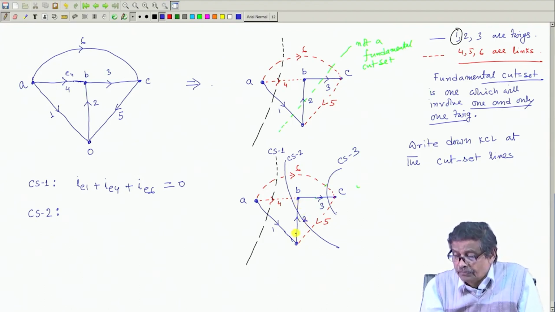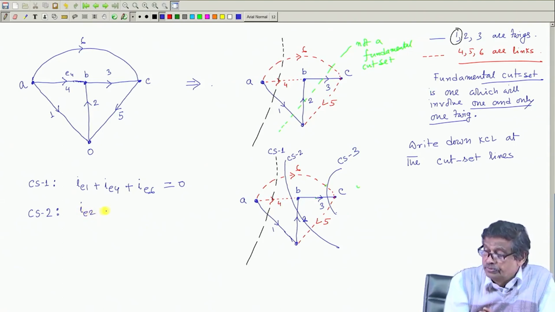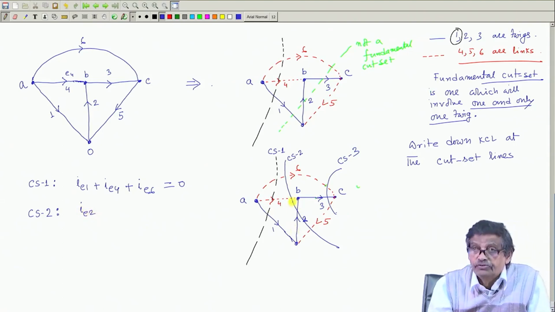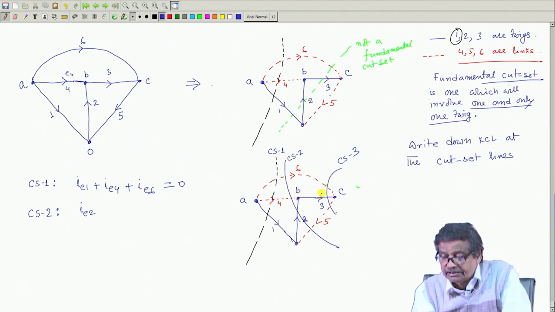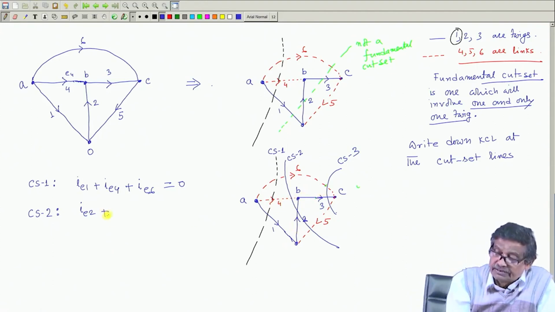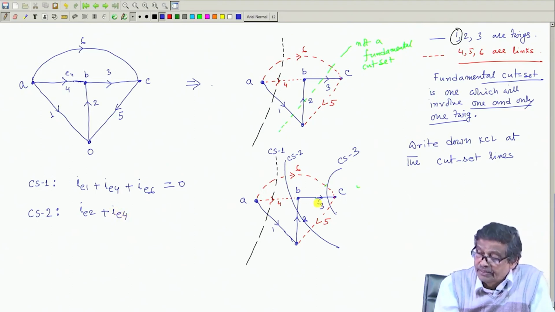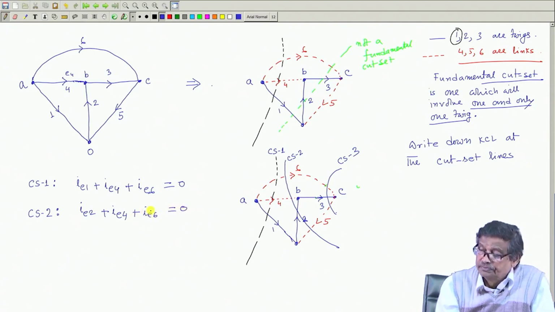So, from bottom to top is the positive direction. So, IE2, that you first write, IE2 is flowing from this side to this side. Similarly, IE4 is in the same way, it is crossing cut set 2, and similarly IE6, this must be equal to 0.